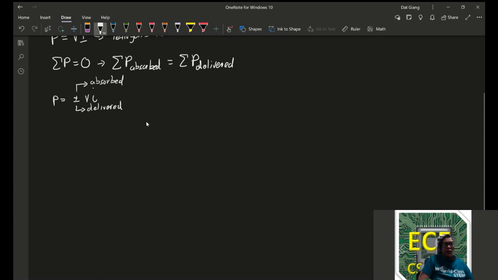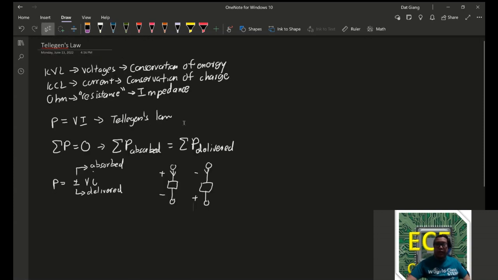And just in case, recall that absorbed and delivered are relative terms. Absorbed just means the current sees plus to minus. Delivered means the current sees minus to plus. And from there, we're able to basically have Tellegen's law.